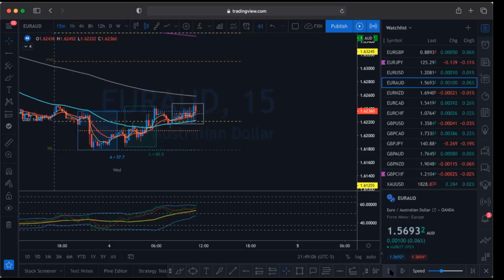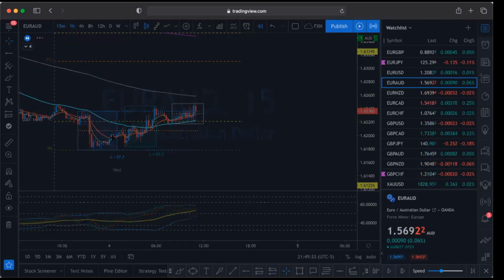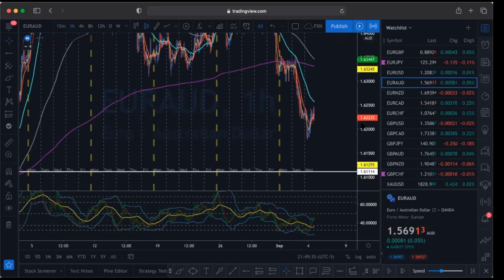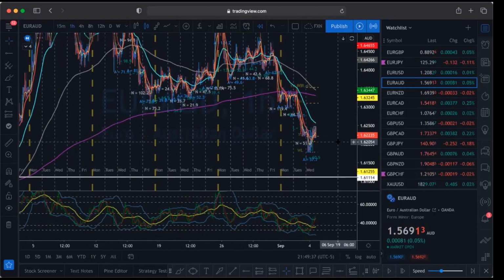So if you can count three times ADR in one direction, yes. Then you expect the reversal, so that would be the same thing as a midweek reversal. If you're looking at the 1 hour time frame, it'd be like counting 3 times ADR in one direction.